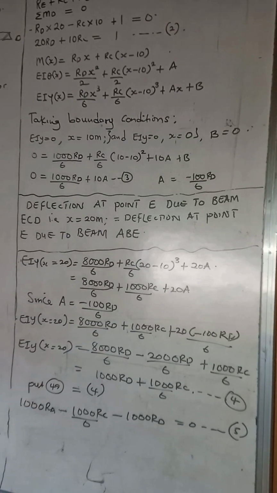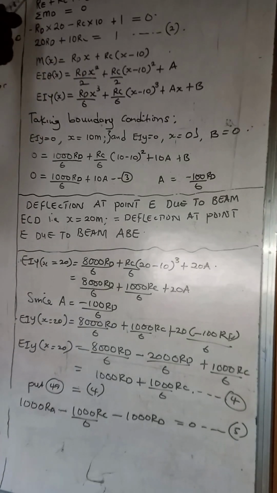The next thing we are going to do is to obtain the last equation, which will be obtained by equating the slope at point E due to beam ECD, and also the slope at point E due to beam ABE. When we equate both slopes, we're going to obtain the fourth equation.